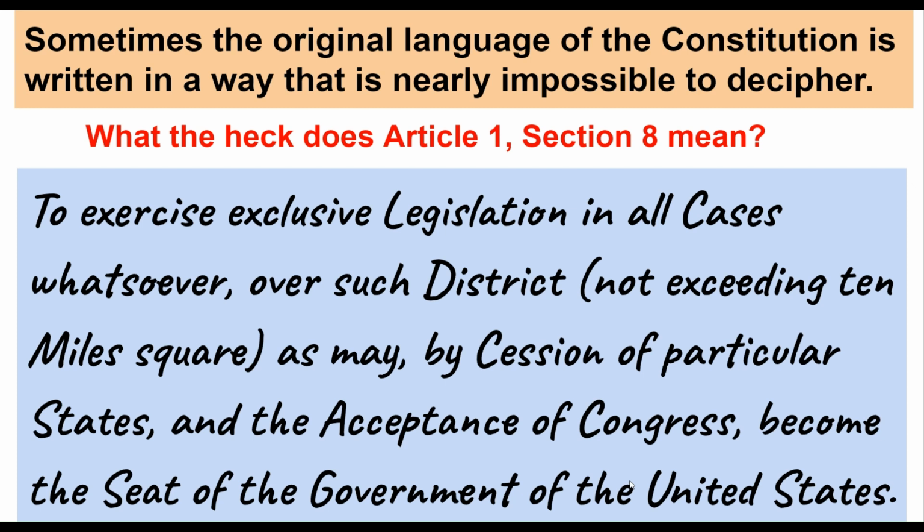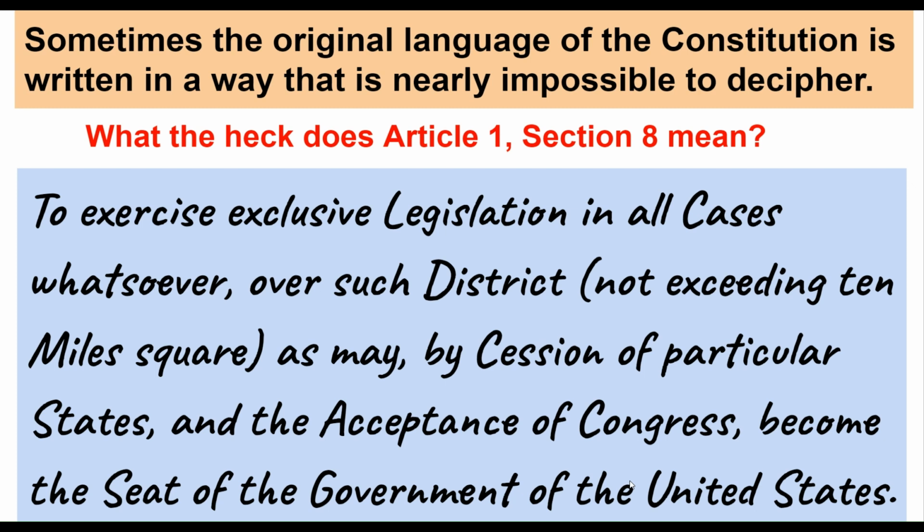Okay? Let's go back up to over such district. Remember, Washington City is not called Washington City. It's called Washington, D.C., District of Columbia. Our national capital city is not within state boundaries. It's in the boundaries of a special district. And that district is exactly 10 miles by 10 miles. Okay?